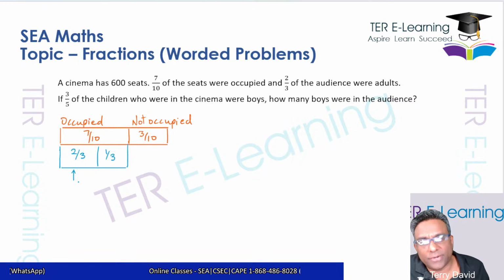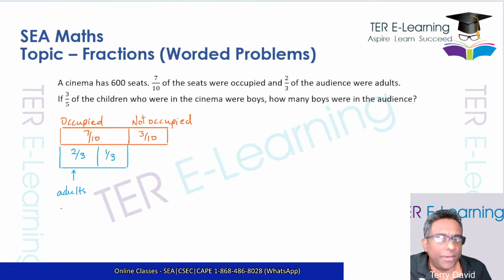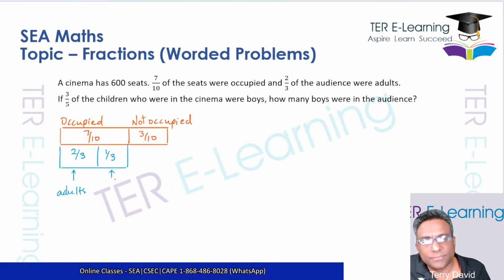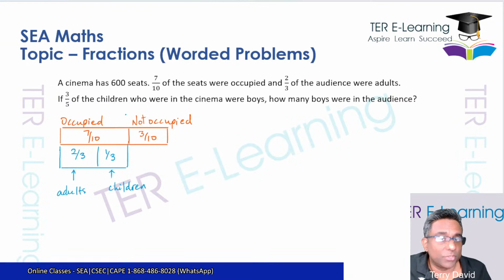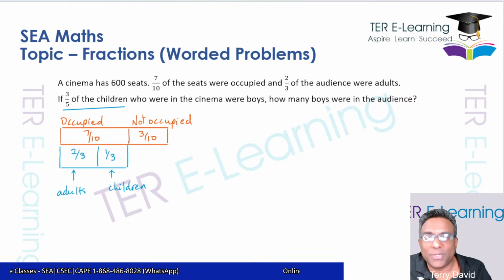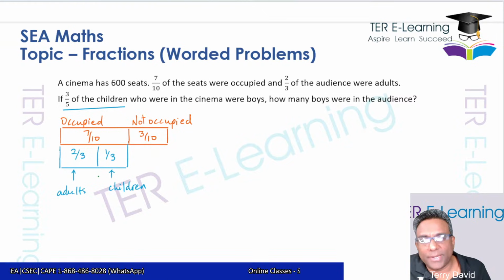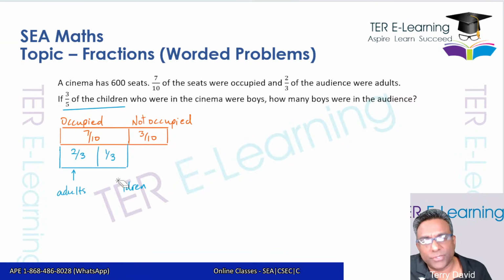So this represents your adults, and this represents children. Now we are also being told that 3/5 of the children were boys. So we need to break this piece even further. So this block here, I want to shift this a little bit.